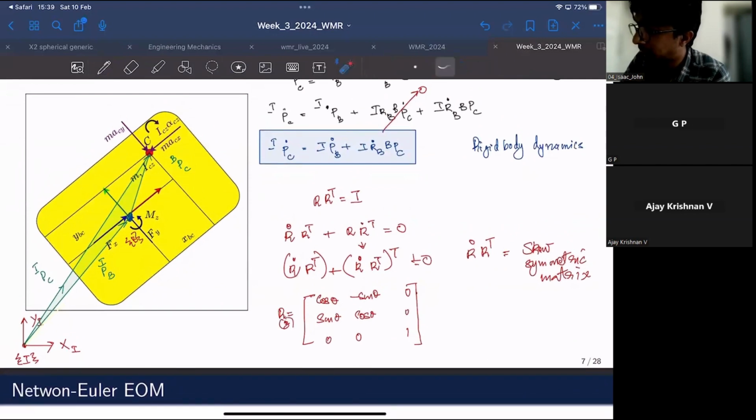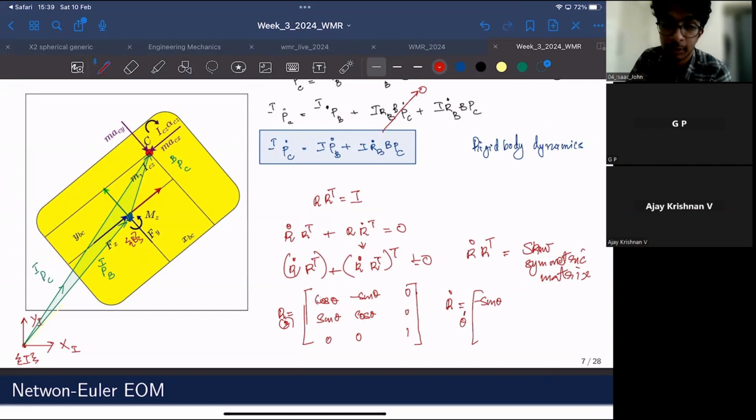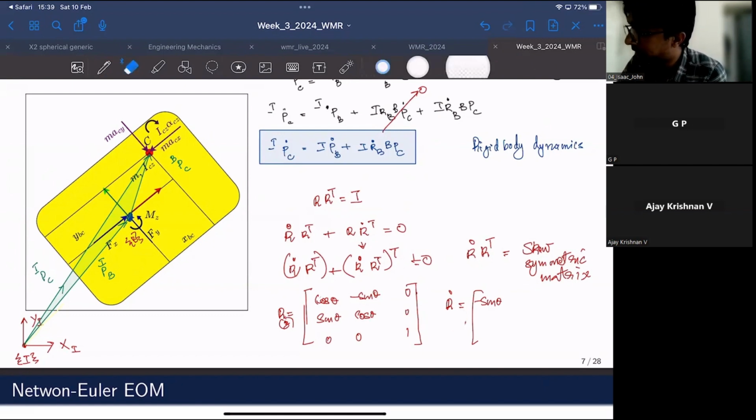So what will be the derivative? What will be R dot? If you take the derivative of each and every term within this matrix, R dot would be: the derivative of cos theta with respect to time is minus sine theta multiplied by theta dot, so minus sine theta, theta dot.